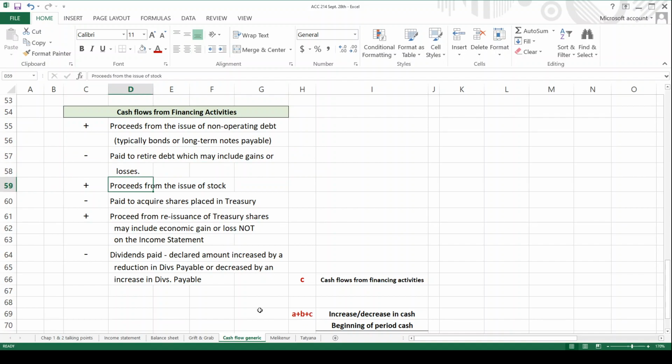A stock issue, well, if you issue stock for cash, you're going to have an increase in the stock account, an increase in the paid-in capital account, and then you're going to have an increase in cash as a result. So that gets added over here. If you go out and buy your own stock on the open market, that's treasury stock. That's going to be a negative number.